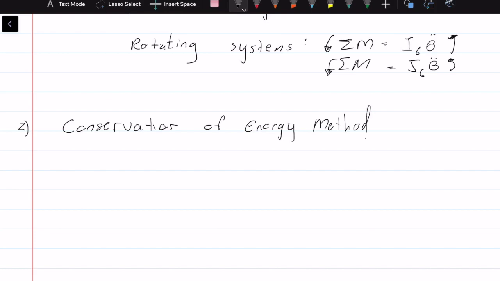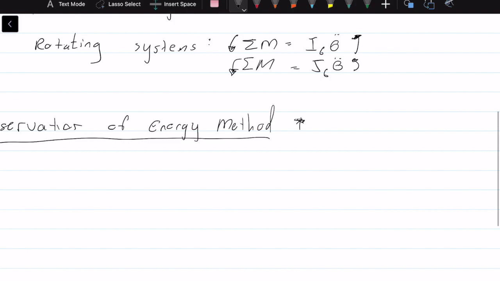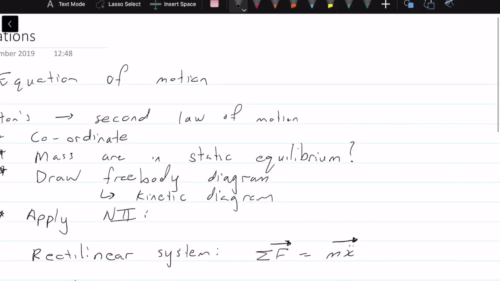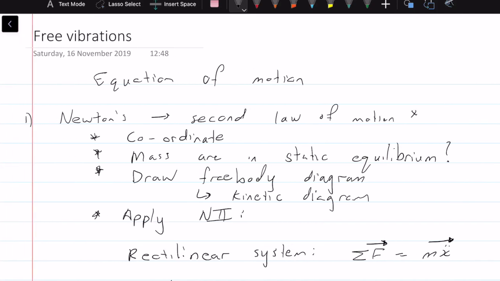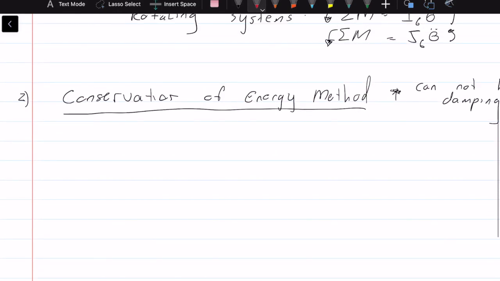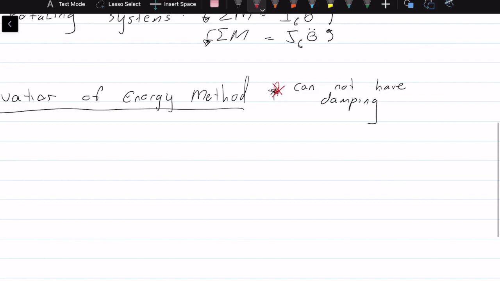An important note for the conservation of energy: it cannot have damping, so the system cannot be damped. Newton's method can have damping, so we can use it for any situation. But specifically for the energy method, we cannot have damping, and that's quite important.